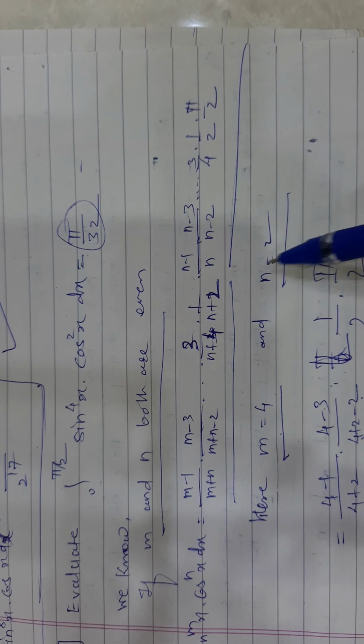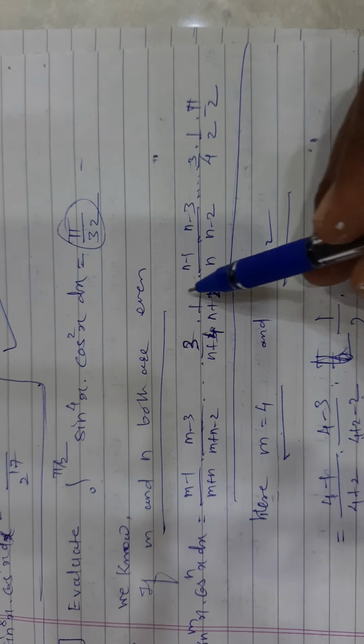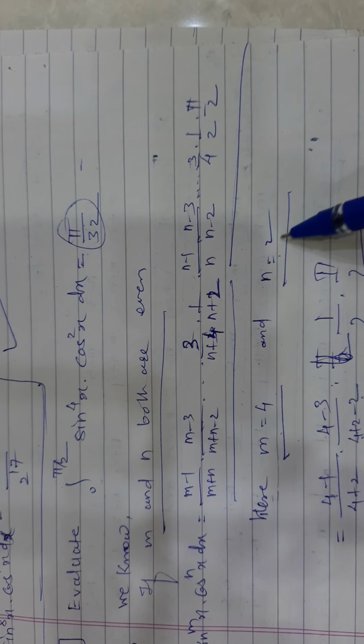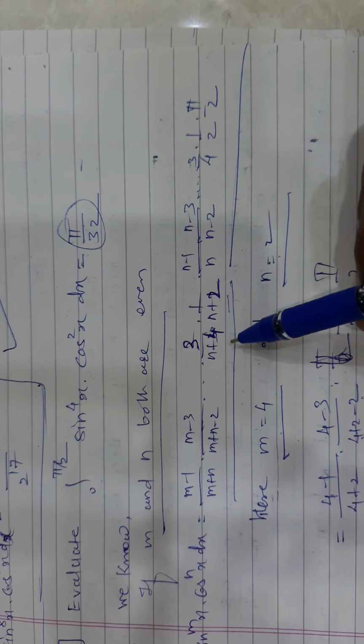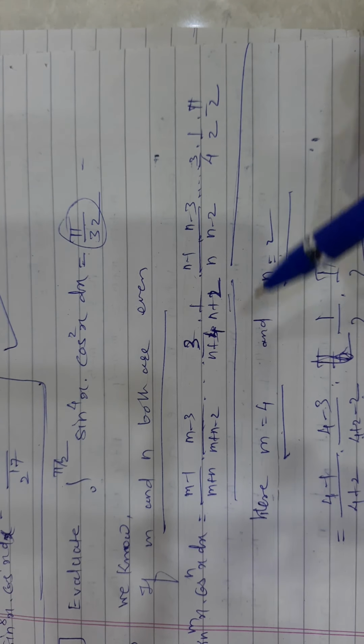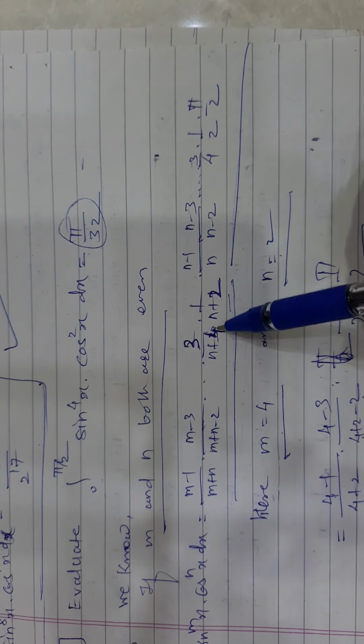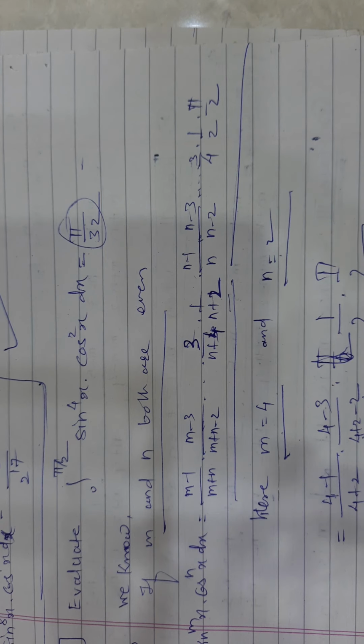n is 2. 2 plus 2 that is 4. 1 upon n plus 2, that is 1 upon 2 plus 2, that is 4. That is this term, and this is the 3 upon 6, that is 3 by 6.